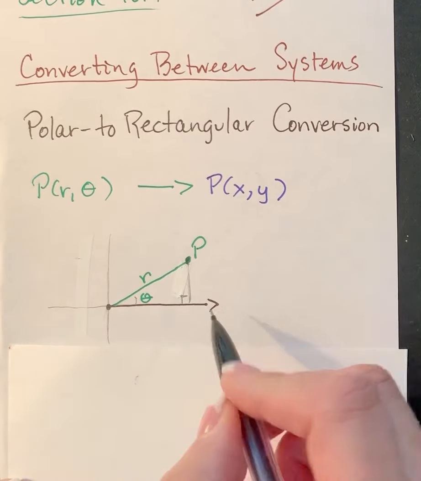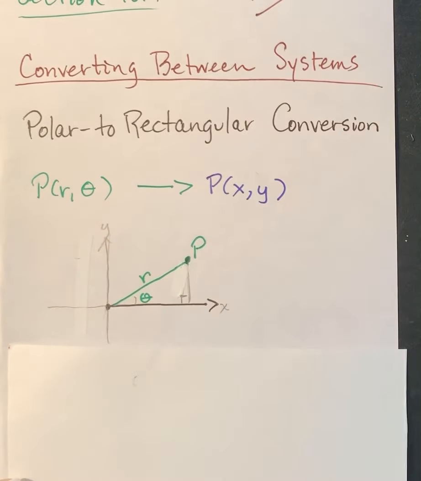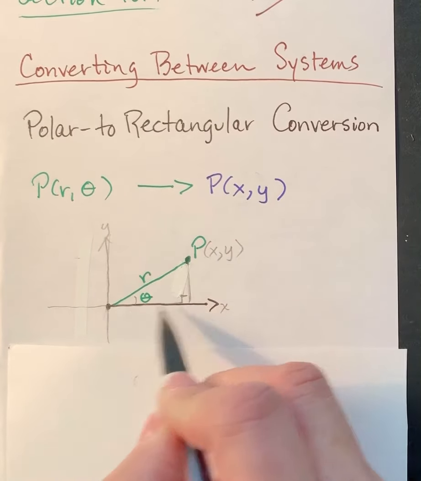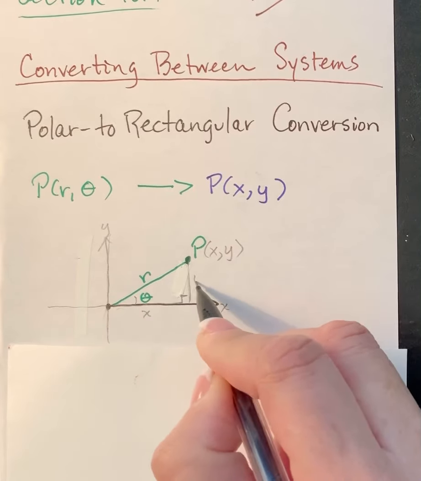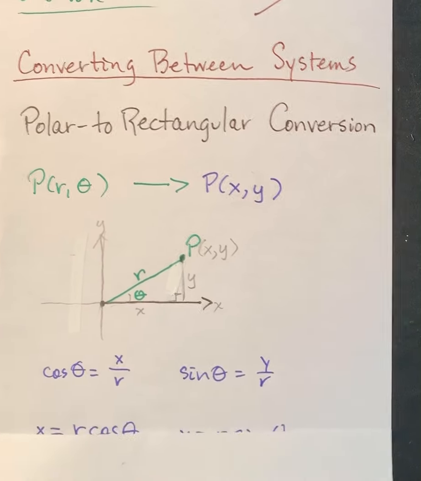So the polar axis can just be part of the x-axis, and then this will be the y-axis. So basically, the rectangular coordinates, x will be the adjacent side of this triangle, and y will be the opposite side. And so then the SOHCAHTOA definitions apply.